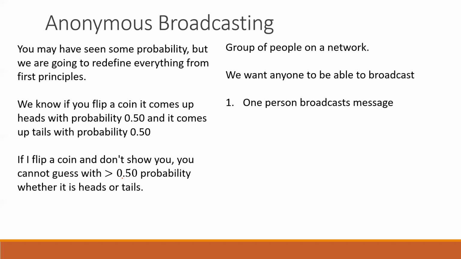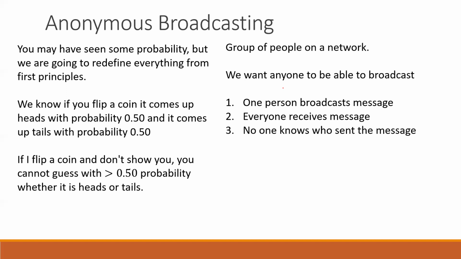So we have a group of people on a network. We want anyone to be able to broadcast a message. One person broadcasts a message, everyone receives it, but the big catch is nobody knows who sent it. We're going to disguise the sender of the message using basically coin flips.